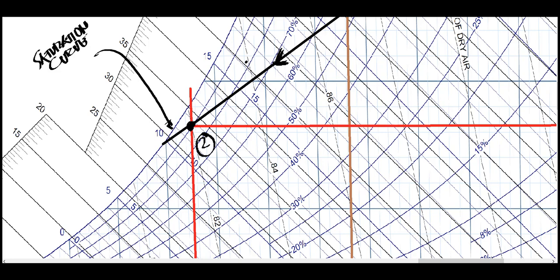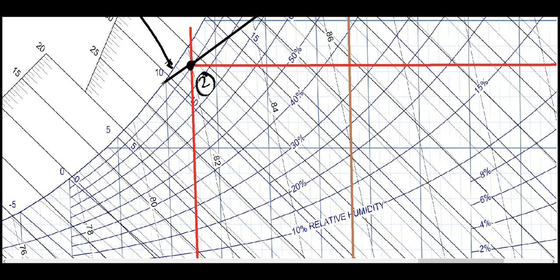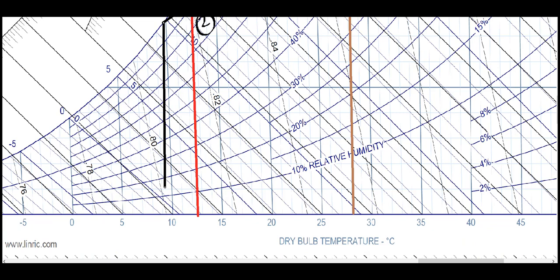So we determine what will be the temperature from here. So drawing that line going down, that will be the dew point temperature. So it's here.